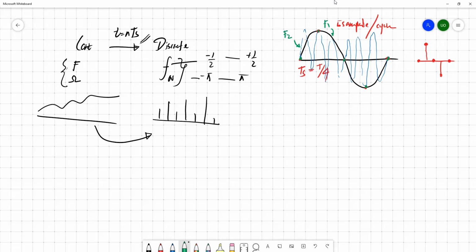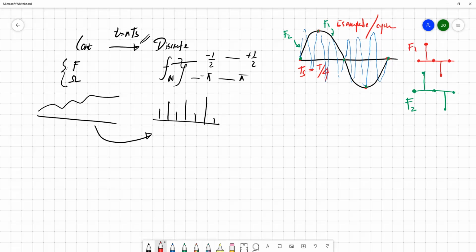So then if you pick these samples for this blue signal, it's again like this. So this is the discrete signal for this F2, and this is the signal for F1. If you simply think of these discrete signals only, by looking at these two discrete signals corresponding to F1 and F2, they are exactly the same.